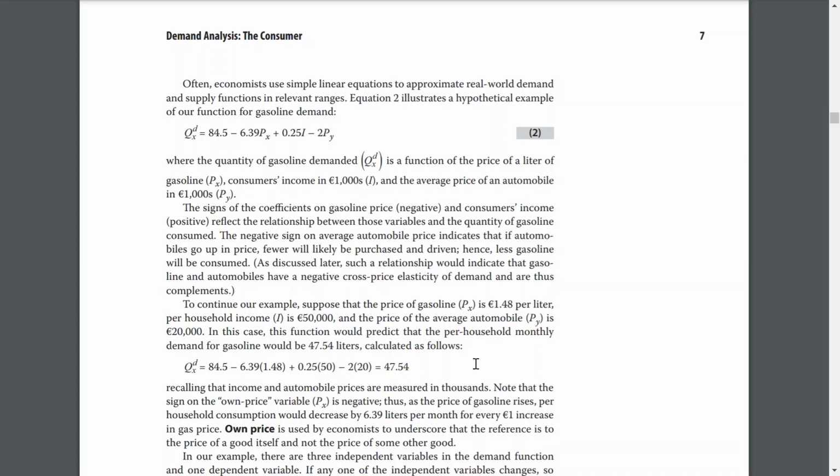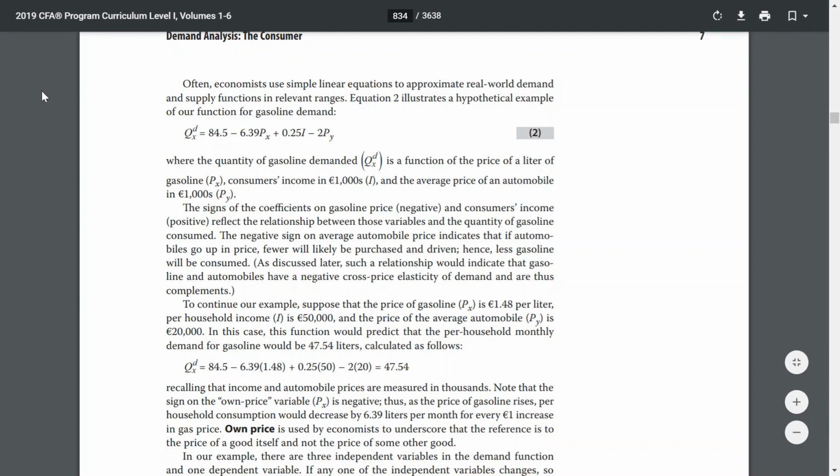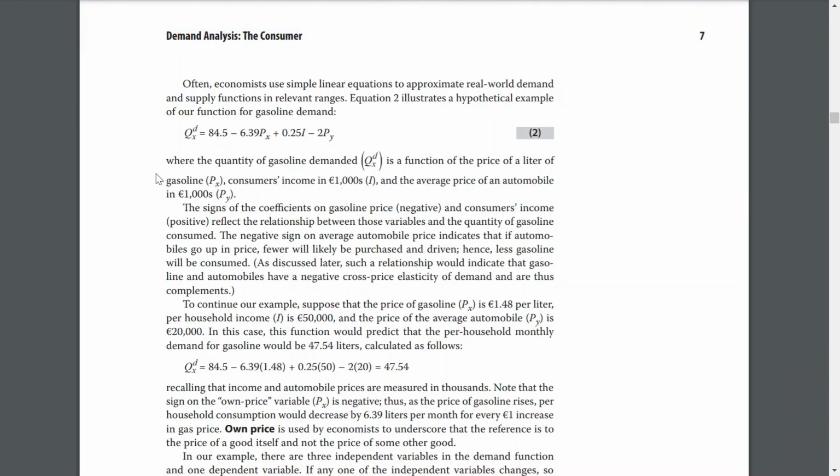Here the quantity of gasoline demanded, or QXD, is a function of the price of a liter of gasoline, PX, the consumer's income of 1,000 euros, and the average price of an automobile of 1,000 euros, given by PY. The sign of the coefficient of gasoline price is negative and the consumer's income is positive, which reflects the relationship between these variables and the quantity of gasoline consumed.